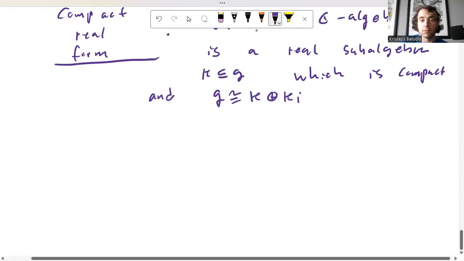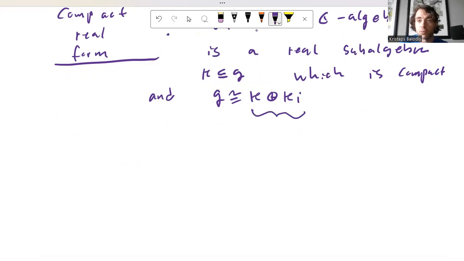Of course, what I mean by this is you can think of this as taking our complexification definition, or you can think of it as formal linear combinations of x plus iy, where x and y belong to K.